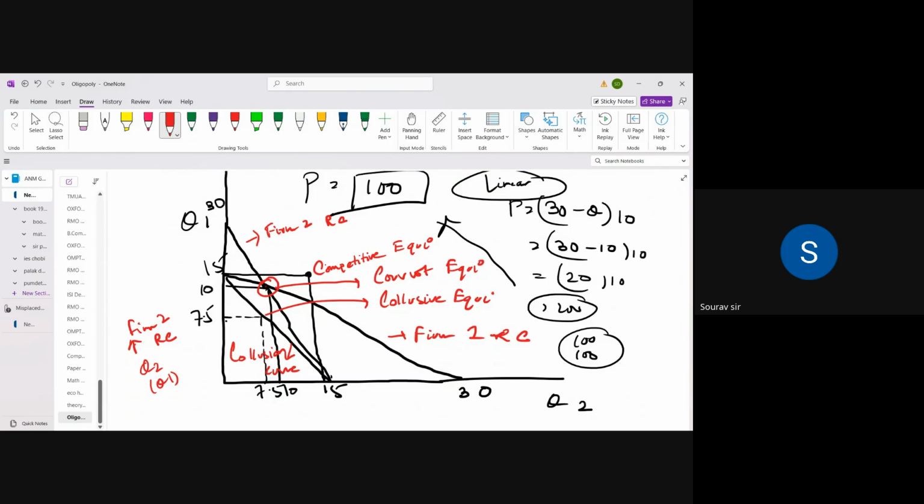Understood? Yeah. Can you explain this competitive equilibrium thing? The competitive equilibrium is nothing but the competitor's output, I am telling you. And there is collusive also, because both are colluding. That's why I have introduced this thing. The competitive, it is basically at the intersection. At each point, each firm is maximizing its own profit given its competitor.